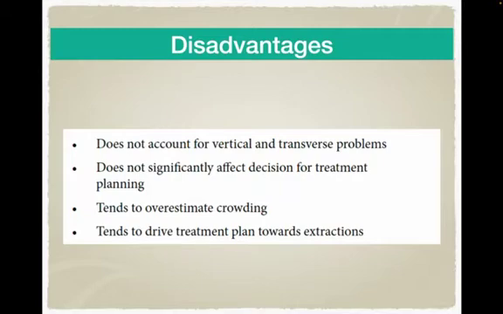And unfortunately, it tends to overestimate crowding. Whenever it overestimates the crowding, that pushes you toward extraction. So whenever you do space analysis using the Royal London space analysis, just keep in mind that this kind of space analysis pushes you toward overestimating crowding and toward extraction.